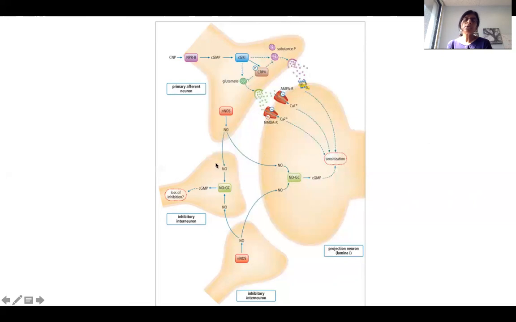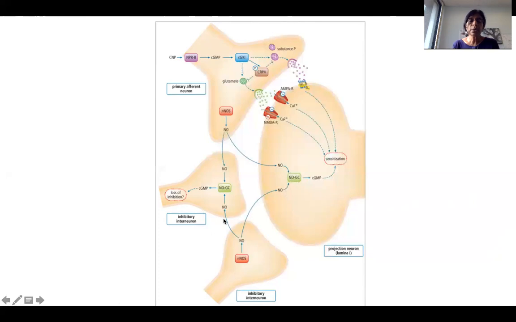Now what you're looking at here is the presence of nitric oxide, and these are inhibitory interneurons. You see what I mean? So here, one inhibitory neurotransmitter is here, and then nitric oxide is released, and it binds to nitric oxide sensitive guanylyl cyclase subunit. Then that would lead to the release of cyclic GMP, and that causes sensitization.